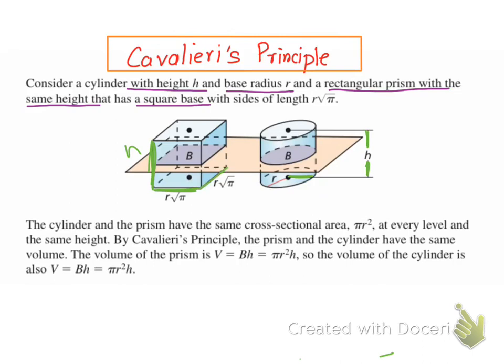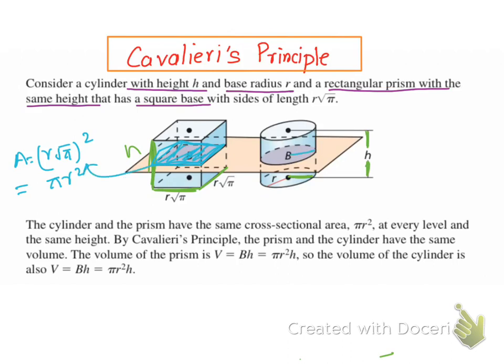They also have the same cross-sectional area, pi r squared, at each level. Because it's a square, the area is r root pi squared, and that's pi r squared.